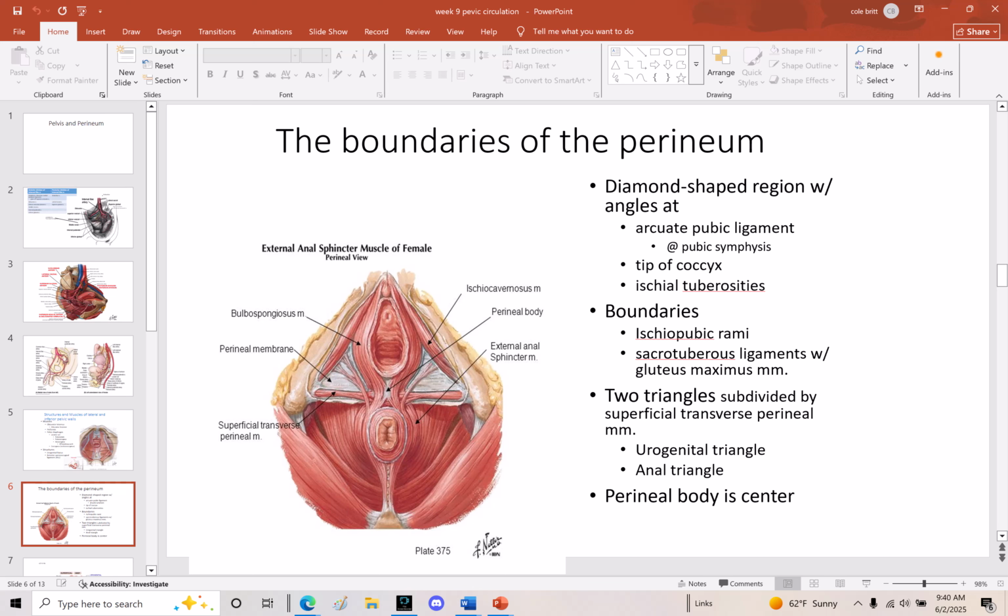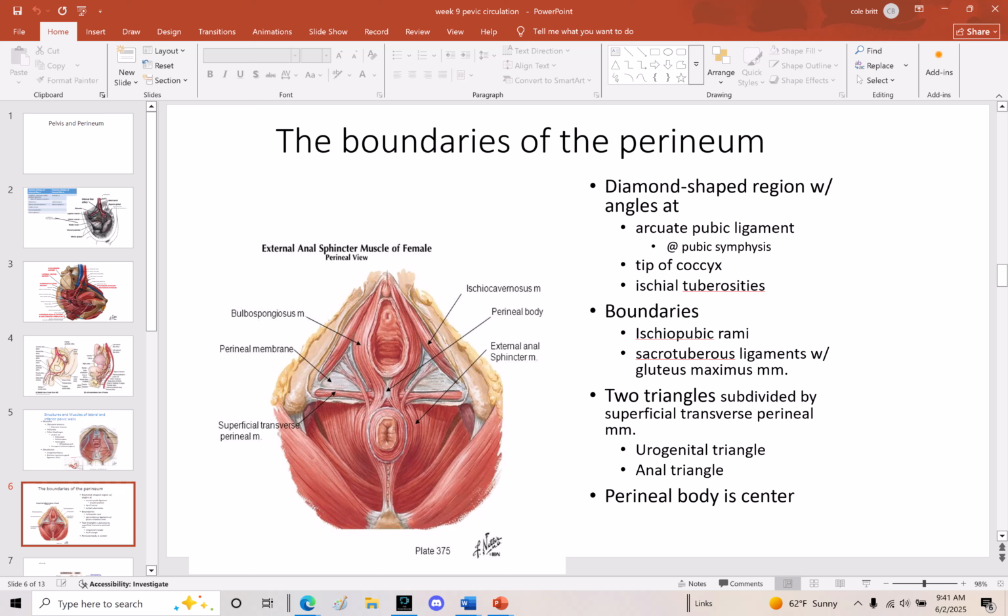That's a common tendon attachment for all these muscles. Then we have the ischiocavernosus right there. Ischiocavernosus becomes contiguous with the erectile tissue in both the penis and the clitoris. We'll talk about that in a bit.